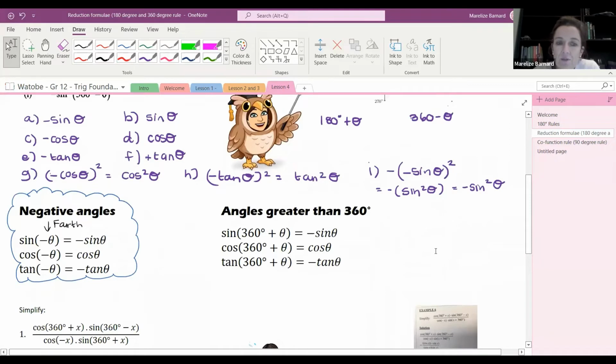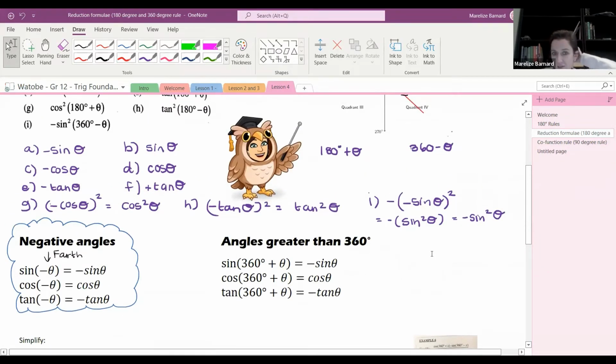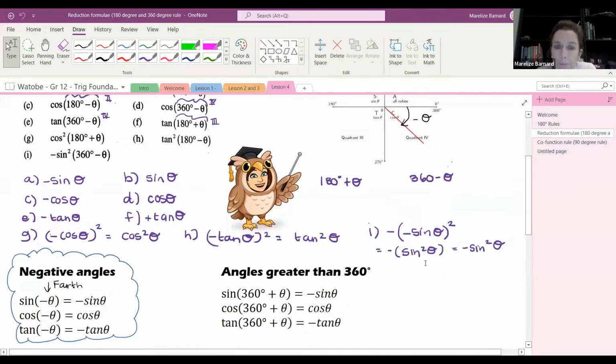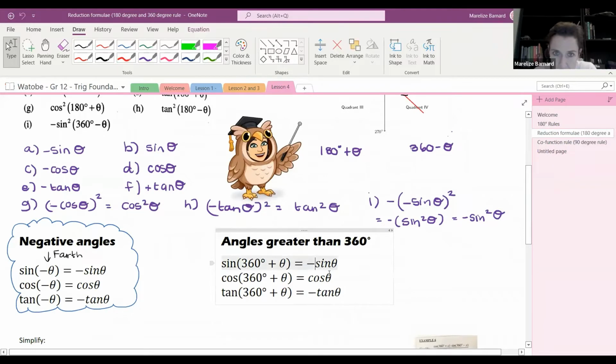Angles greater than 360 degrees. For that, we just normally look at where we are.